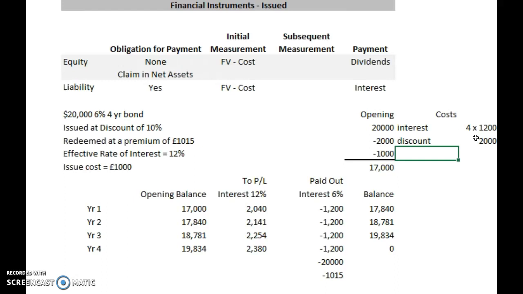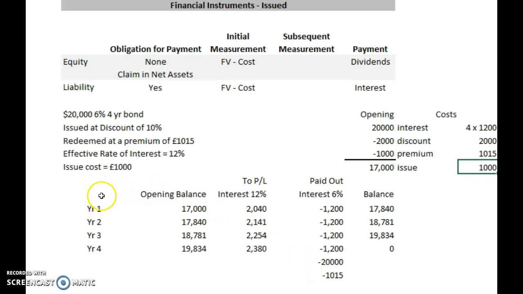We've redeemed at a premium of 1015. And we've got issue costs. These are all finance charges of 1,000. And that's it.